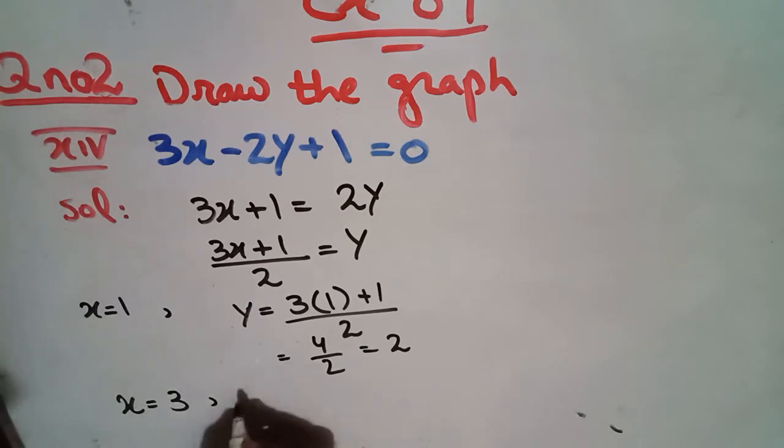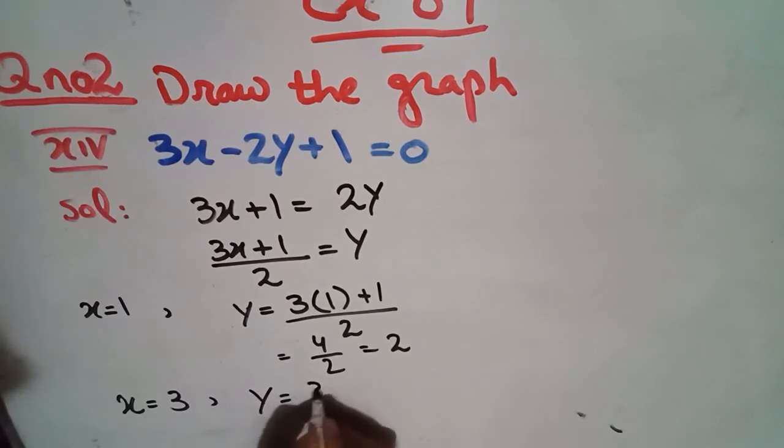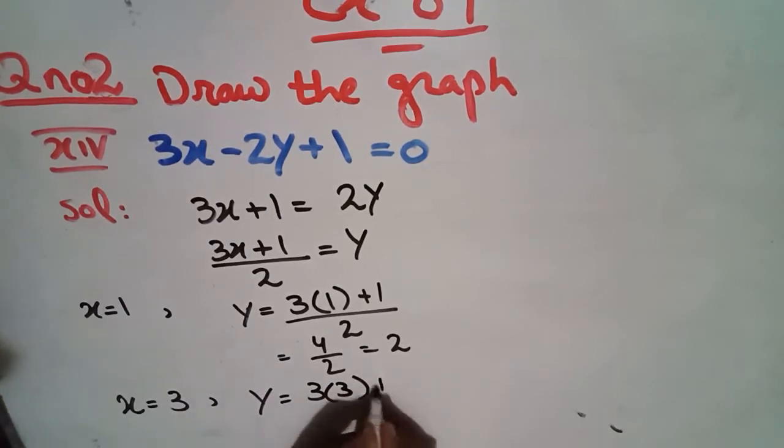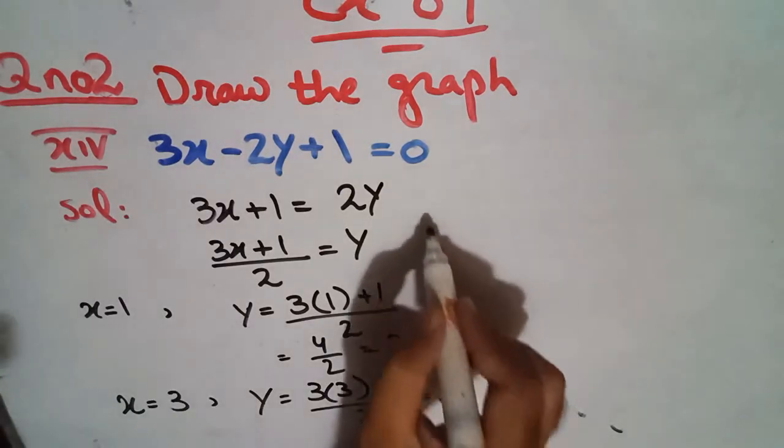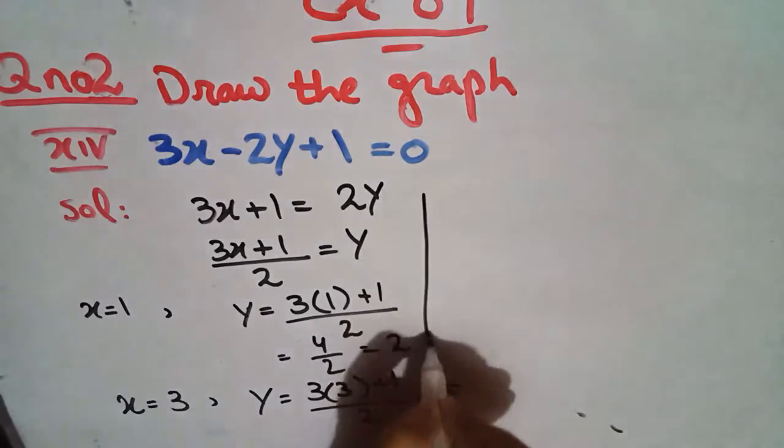Okay, now you will put y is equal to 3 into 3 plus 1 over 2: 3 threes are 9, 9 and 1 is 10, 10 by 2, that will give you the value of y is equal to 5. Okay, you will take other values here.